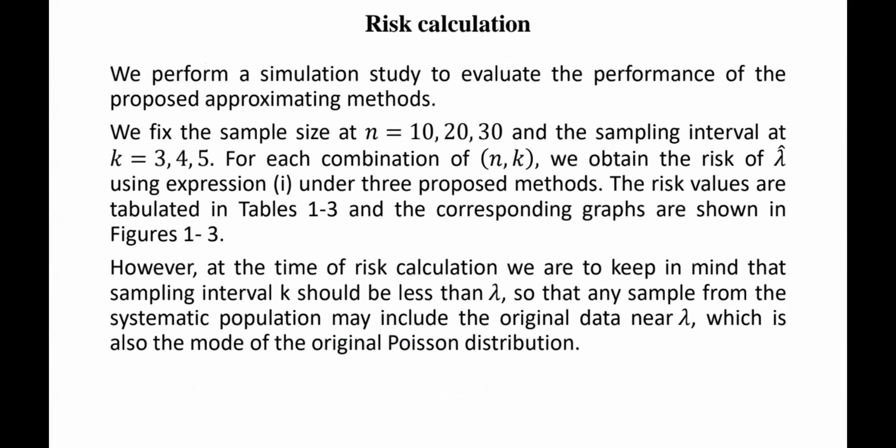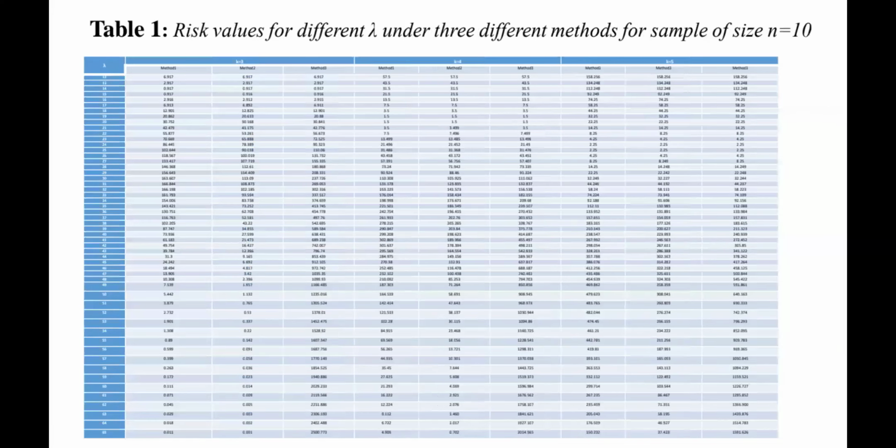Next we have calculated our risk. Since the algebraic treatment is too tough, we have opted for a simulation study. For different sample sizes n, 10, 20, 30, and sampling intervals 3, 4, 5, we have calculated risks using our simulation study.